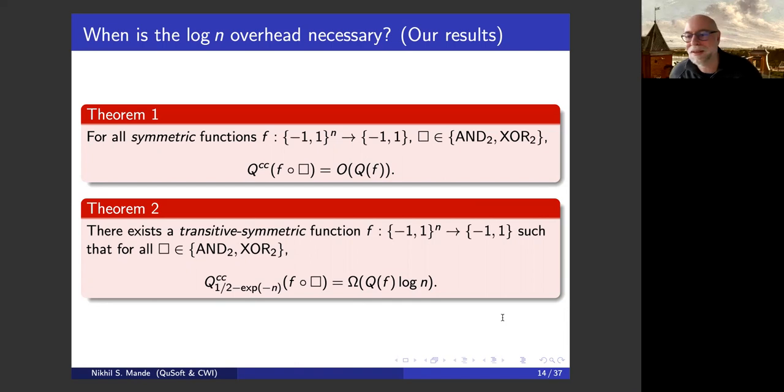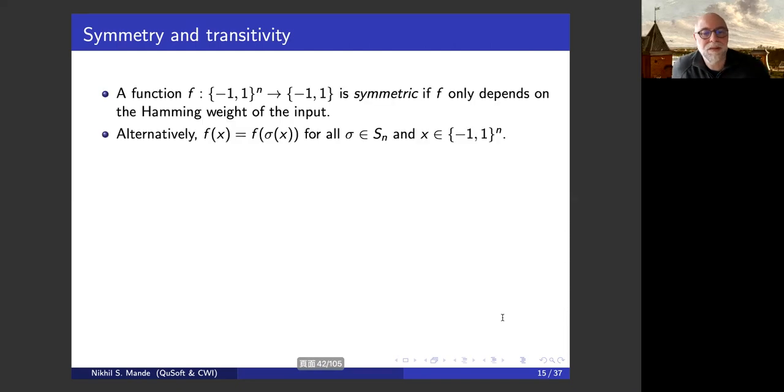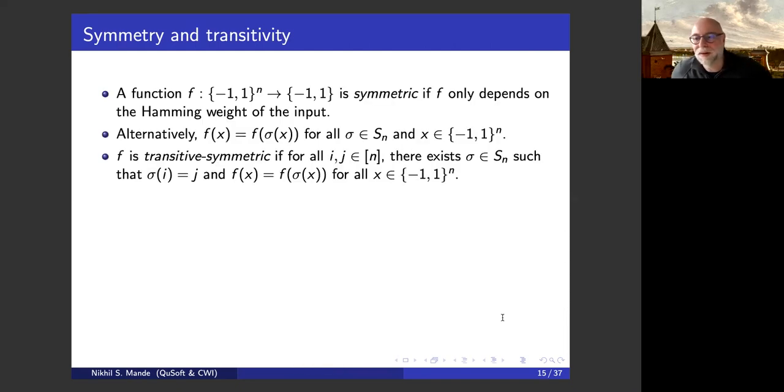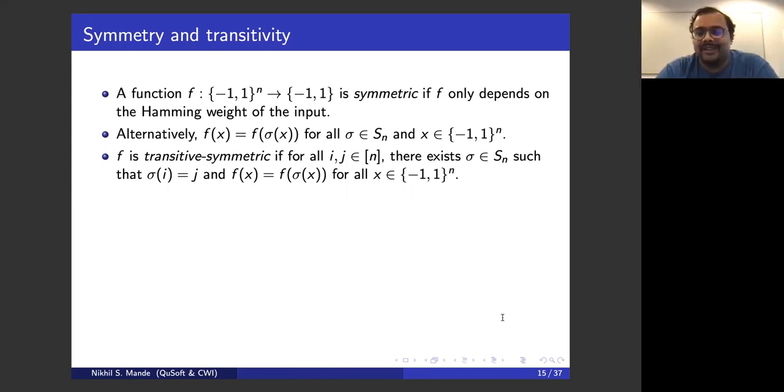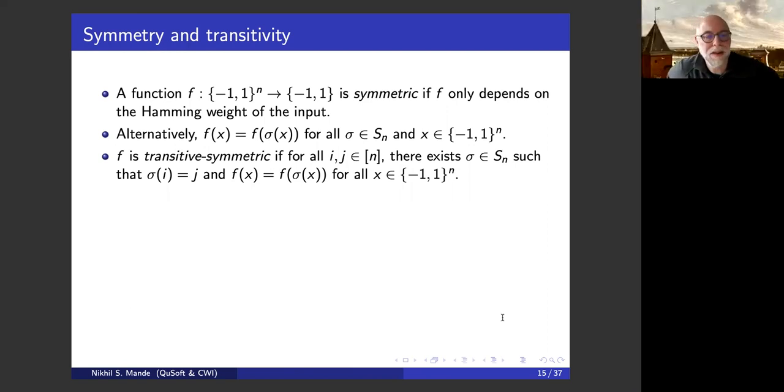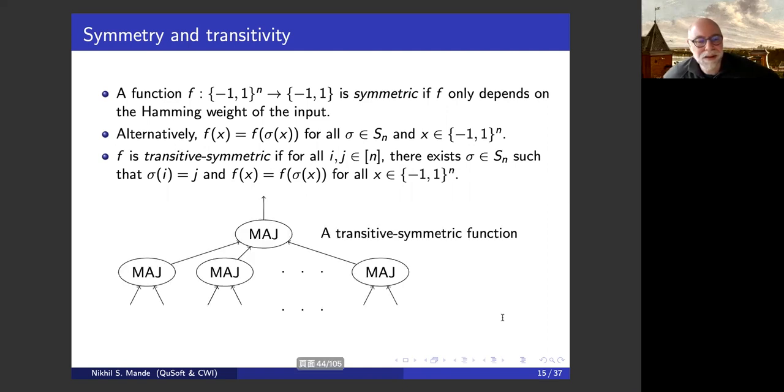Maybe I have a question, Nikhil. Yeah, Harry. These transitive symmetric functions, have they been defined before, or is that something that you defined to make the proof? No, it's been defined before. There have been studies on different properties of transitive symmetric functions. Can you say a little bit of why this was studied, or is it sort of the next step up after symmetric?